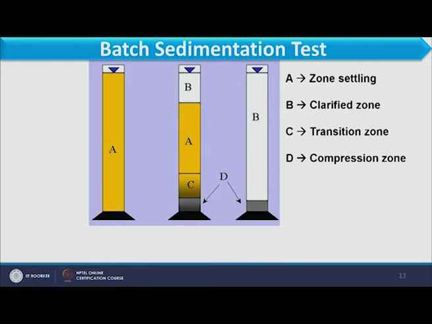So, here we have 4 zones, among which the transition zone disappears quickly, and after some time we have only 3 zones: the clarified zone, the zone settling, that is the thickening zone, and the compression zone. After some time, what will happen?